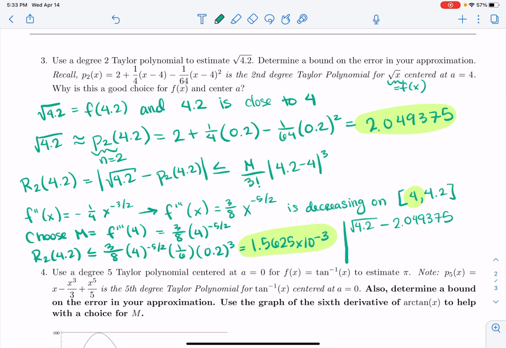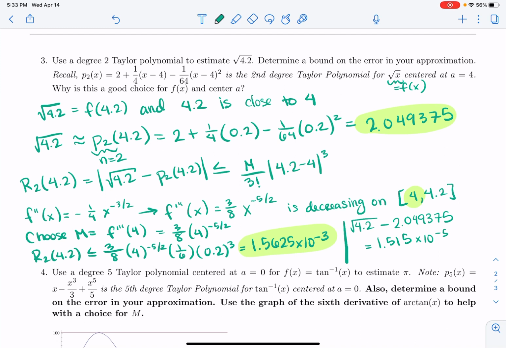And that's equal to 1.515, etc., times 10 to the minus 5. Which is, yeah, much smaller.